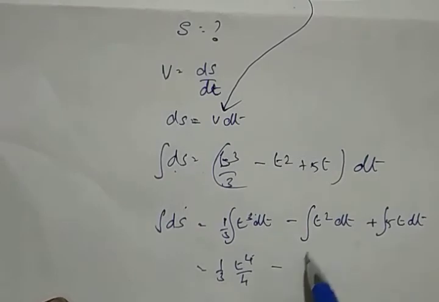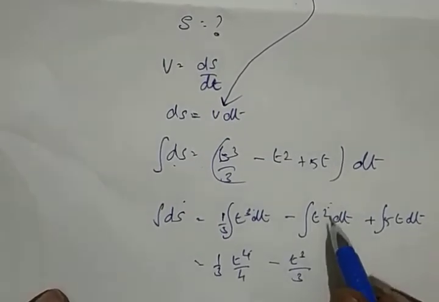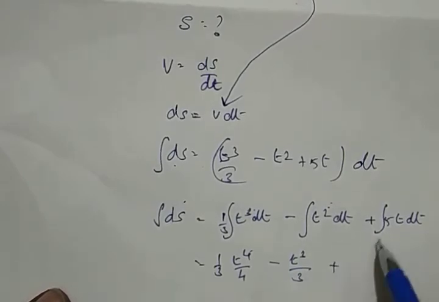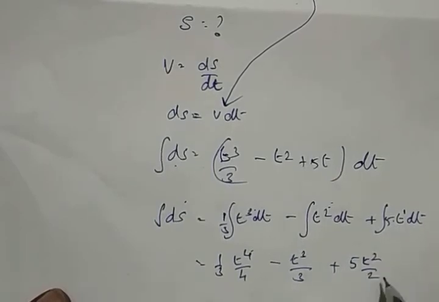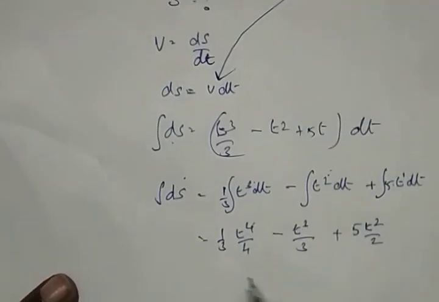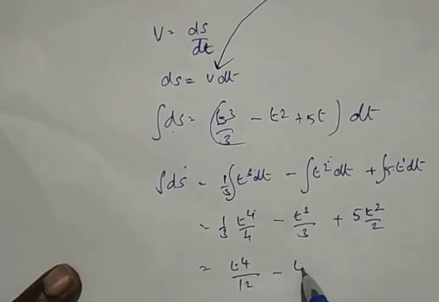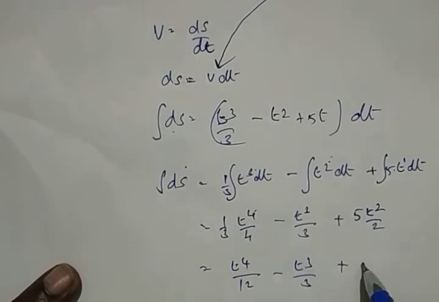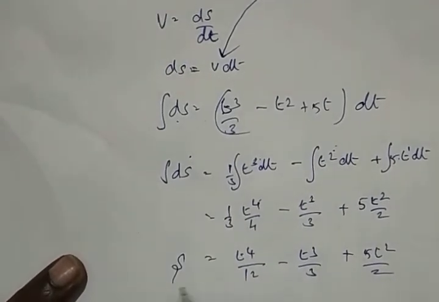This is also t cube by 3, the power is increased, same thing. Plus 5, t square by 2. This power is increased. So it becomes t to the power of 4 by 12 minus t cube by 3 plus 5t square by 2. That is displacement.